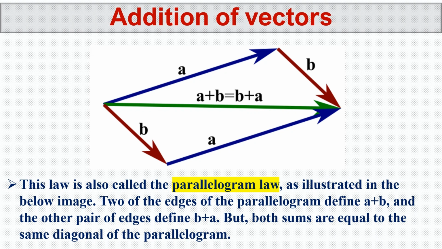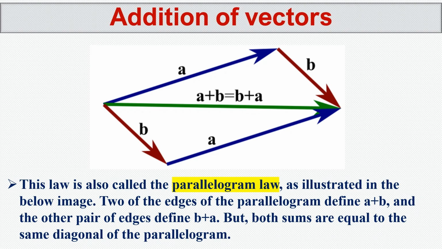Addition of vectors: here we have the law called the parallelogram law. As illustrated in the image below, two of the edges of the parallelogram define A plus B, and the other pair of edges define B plus A. Both sums are equal.